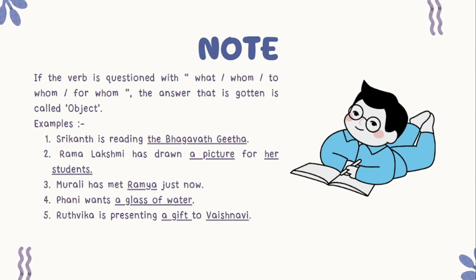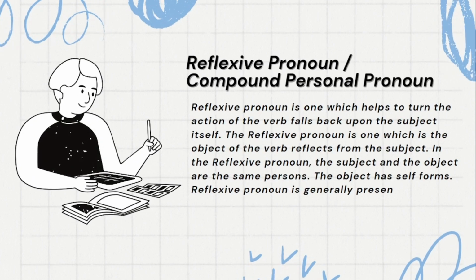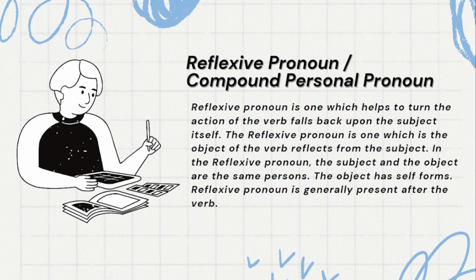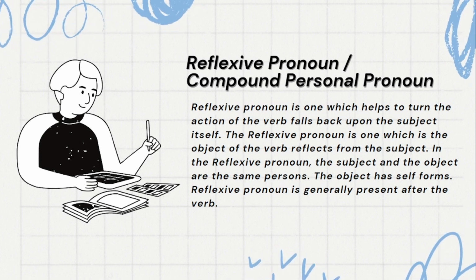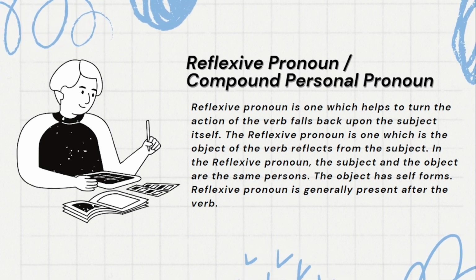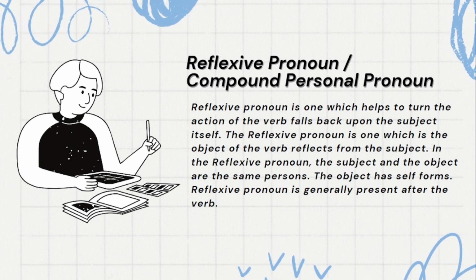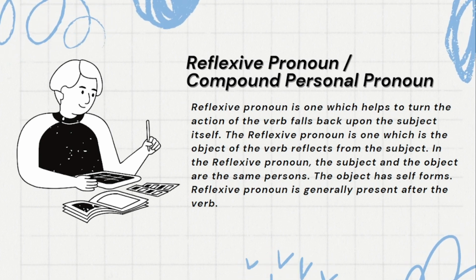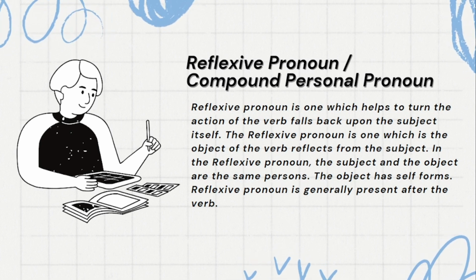Now, let us discuss the next pronoun, reflexive pronoun. What is a reflexive pronoun? A reflexive pronoun is also called a compound personal pronoun. First, see the definition. A reflexive pronoun is a word which helps to turn the action of the verb back upon the subject itself.